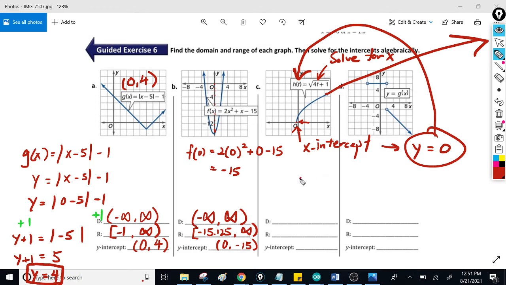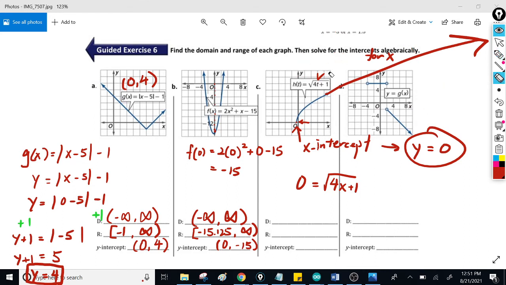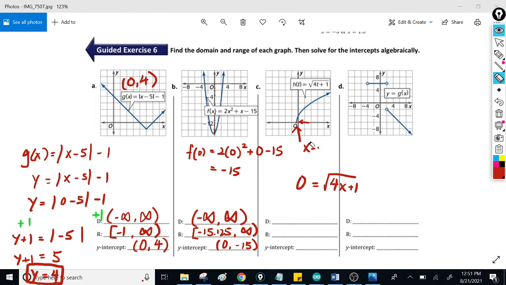That is how you can find it. And then for y-intercept, set x to 0, find the y.